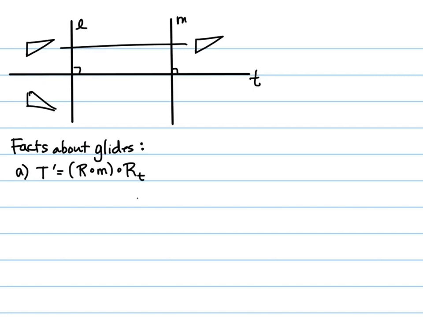So if you imagine coming up to my picture at the top, what I could have done is if I'd reflected it over line t first and then translated it, I would have gotten the same image when I was done. Right?